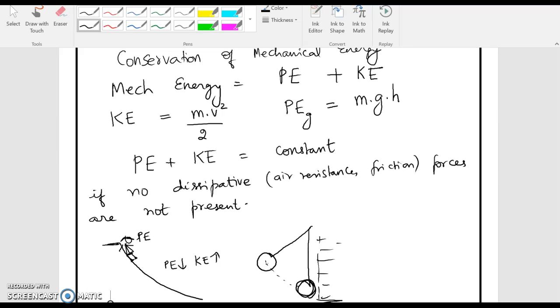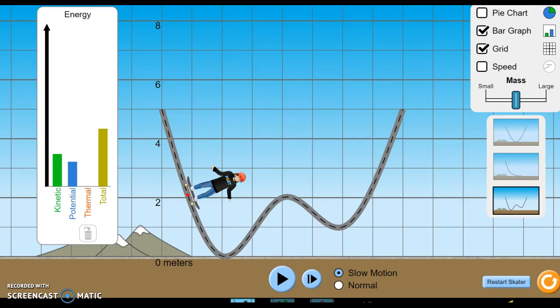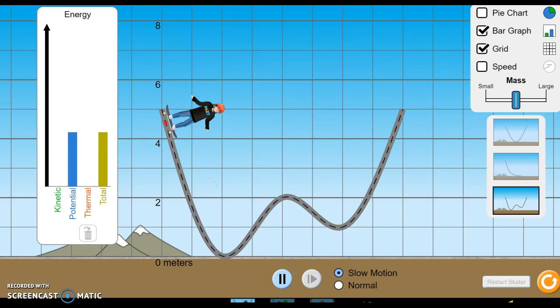At the raised position, the ball has potential energy stored in it, and as it moves down, it converts potential to kinetic energy again. Another good example is the roller coaster. So let's take a look at this simulation. Let's put this guy on the top, then hit play.